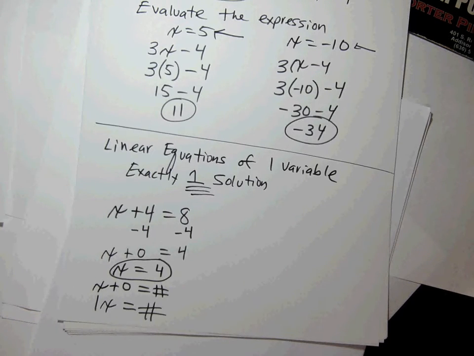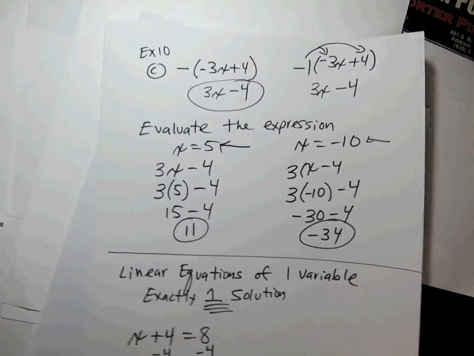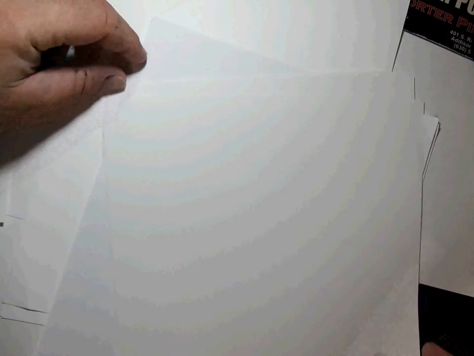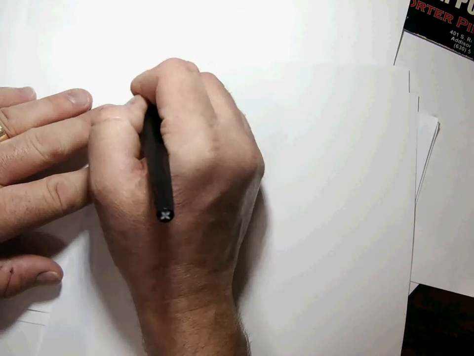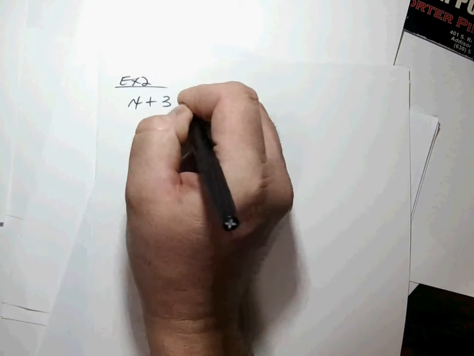All right, let's do it. Example 2 says, let me get a fresh page. Example 2. Part A says, this is page 324, x + 3 = 8.